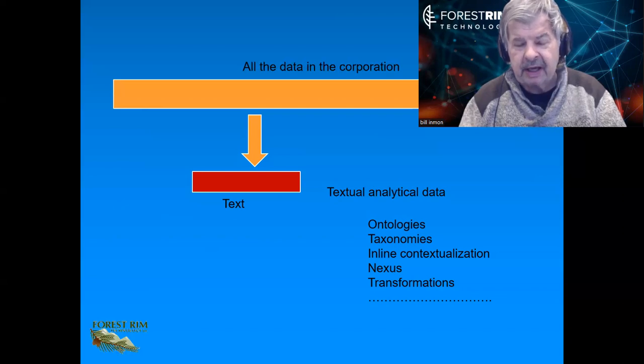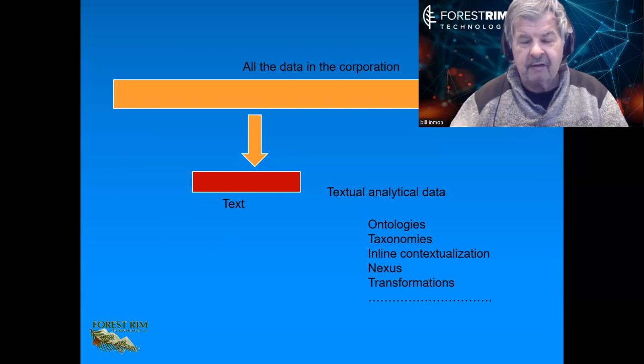So when we look at textual information, what kind of information do we find in the analytical infrastructure? We find that when it comes to text, we need to deal with things called ontologies, taxonomies, something called inline contextualization, something called annexes, and transformations.